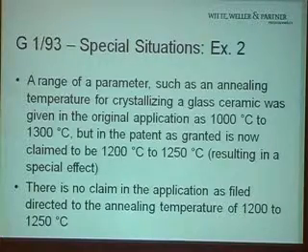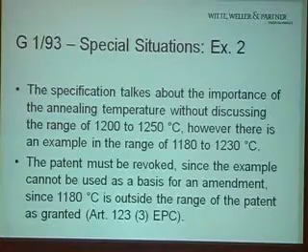So if it cannot be found, then we have a problem. Well, the specification may talk about the importance of the annealing temperature without discussing the range of 1200 to 1250 centigrade. So it cannot be literally found in the specification.